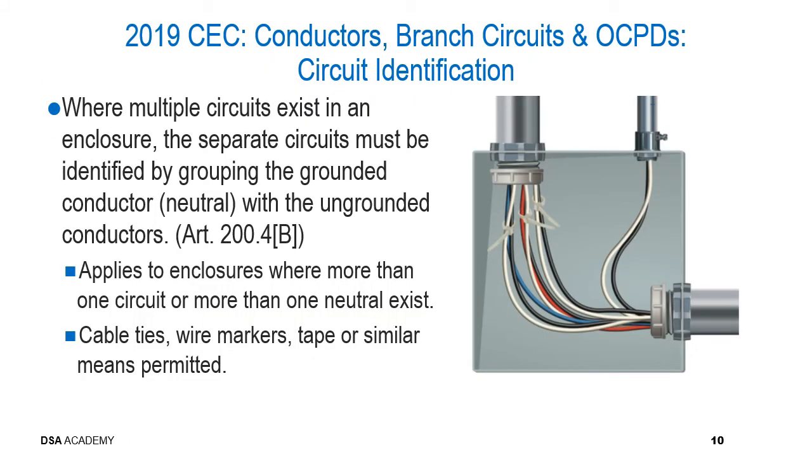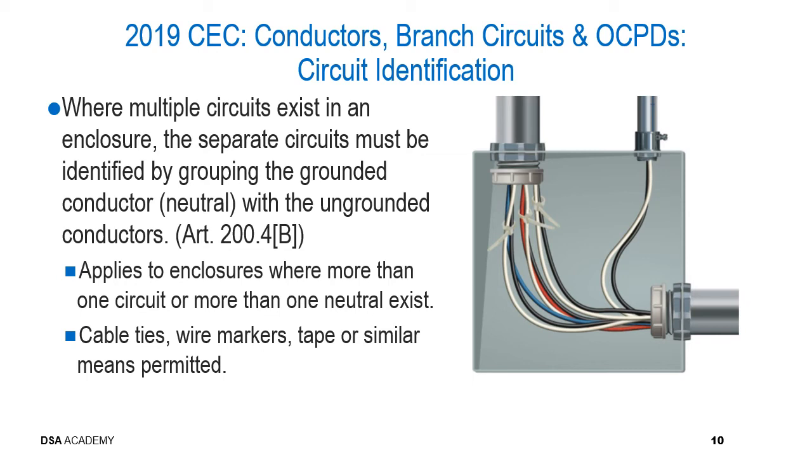We're going to change speeds here and talk about circuit identification, specifically multiple circuits existing in an enclosure. When multiple circuits exist in an enclosure, beginning with the previous code cycle, all of these circuits needed to be tied together, separate circuits, so that they're grouped together specific to their circuit, which includes their neutral.